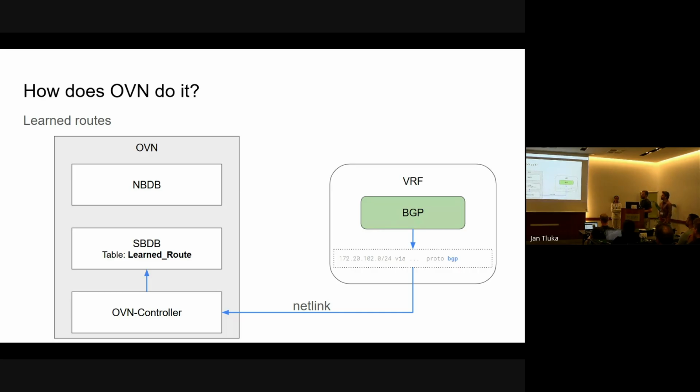One thing worth noting here is that you cannot see any arrows pointing back to NBDB, and talking to the OVN maintainers, that's on purpose. So NBDB is mainly focused on what the CMS wants to program, and OVN tries to avoid programming NBDB itself. So it might be surprising, but the routes that are learned are not reflected in NBDB, but they will be present in SBDB.